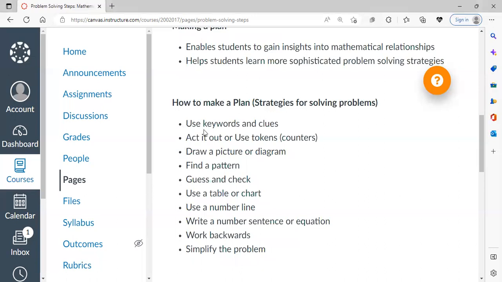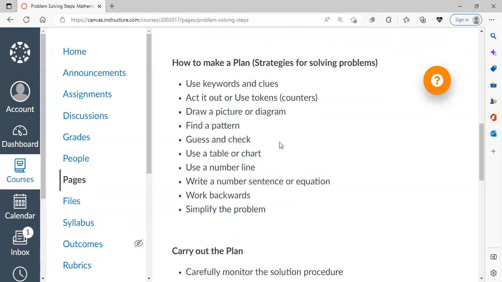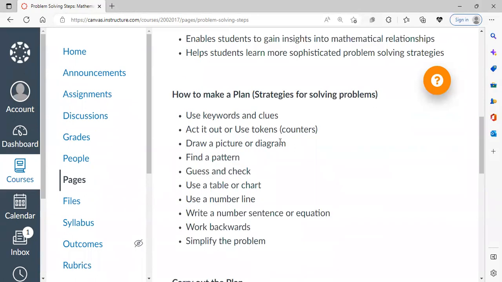We can make a plan by using keywords and clues. We can act it out or use tokens. So when we were in kindergarten, we used bottle corks, or stones, or whatever we could find, our hands, or the fudge sticks, right? All of those are tokens that we can use to act out the problem, especially like tens and ones. Miss, you can also draw strokes. We can also draw strokes, very good.